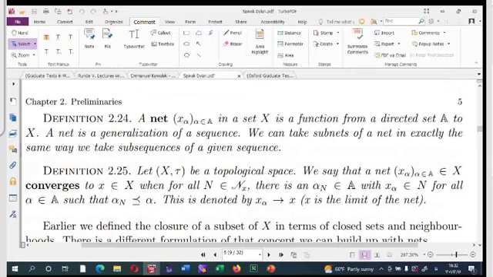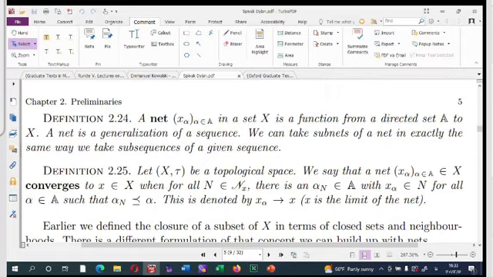And finally we have the definition of a net. A net in X is a function from a directed set such as A to X. Any function from a directed set to X is called a net on X. A net is a generalization of a sequence.